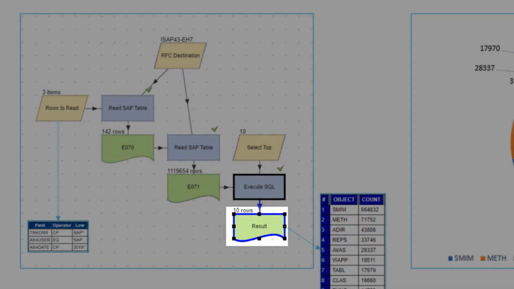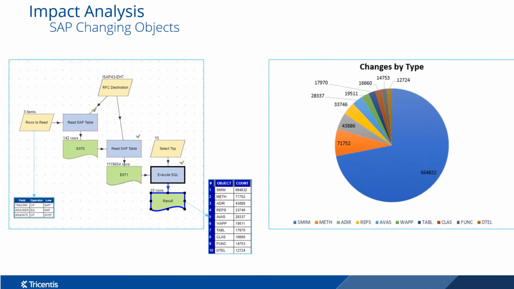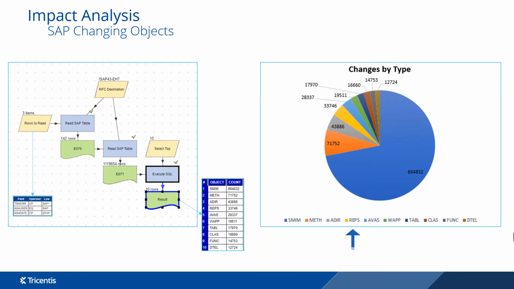And here are the top 10. Methods, reports, classes, functions are all related to ABAP code. And this table here, more likely than not, represents changes in the table definitions, the attributes change, and not necessarily the data itself, because these changes are coming from SAP.